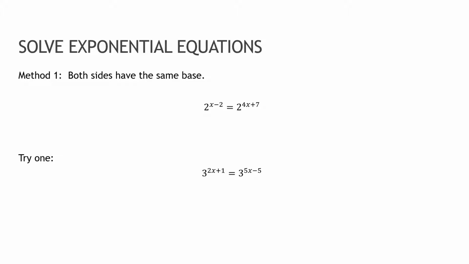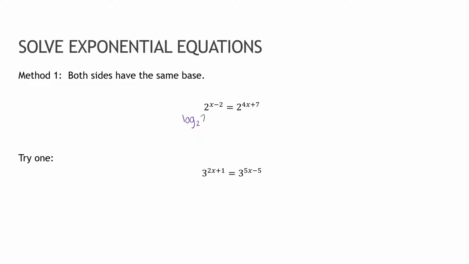So I've broken it down for you into different methods or different types of questions that you might see, and typically I try to put them in order from least difficult to most difficult, or least amount of work to most. So method one, my favorite, because both sides, obviously these are exponential, already have the same base. All I have to do on each side is use that basic property.